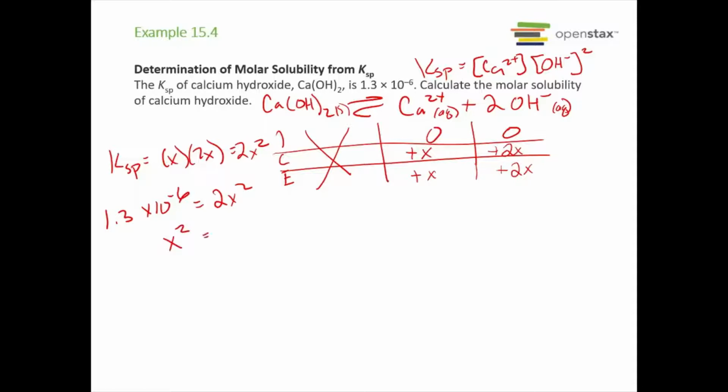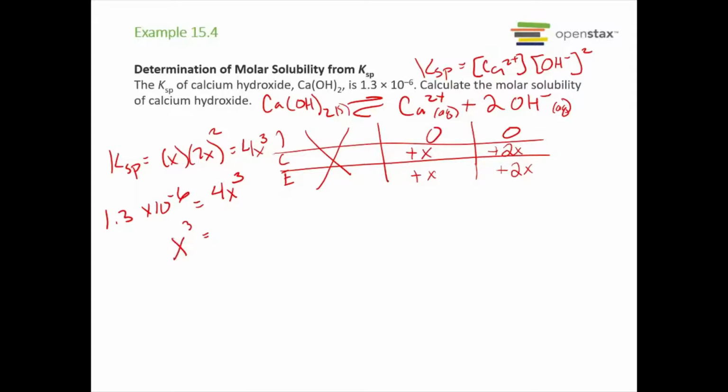Then divide both sides by 2. Oops, I'm sorry. This is x times (2x) squared, which is x times 4x squared, which is 4x cubed. Pardon me for that. So 4x cubed, there we go. Now let's divide both sides by 4.